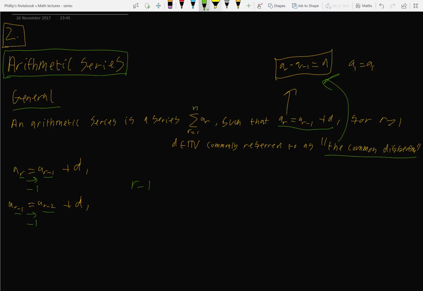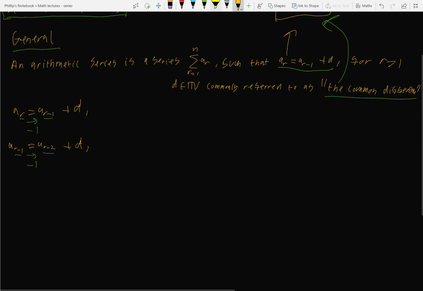Now a_(r-2) is equal to a_(r-3) plus the common difference again, d, and the same kind of thing applies. We're going to take 1 from that to get the d.